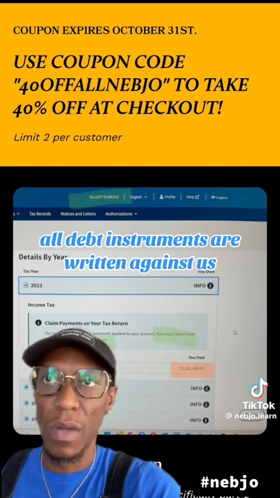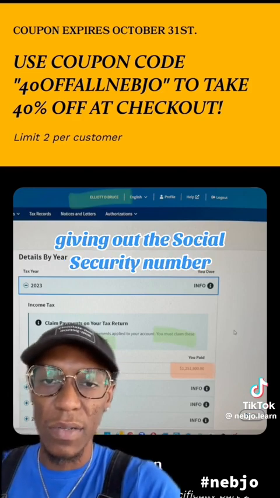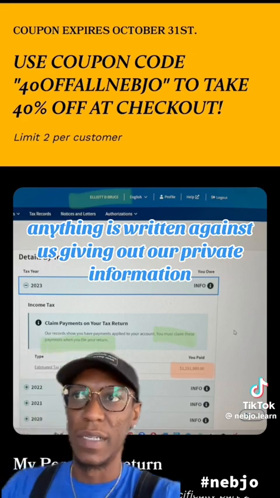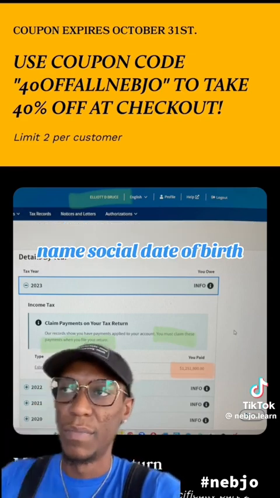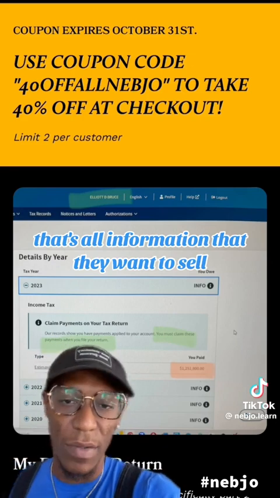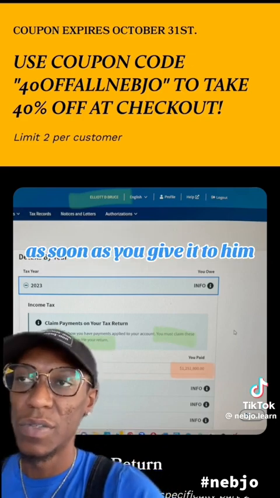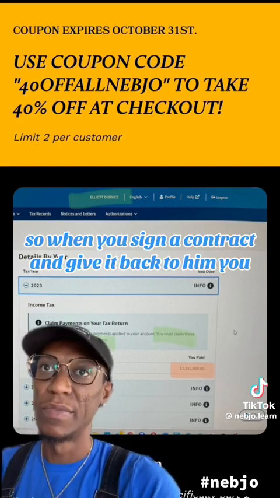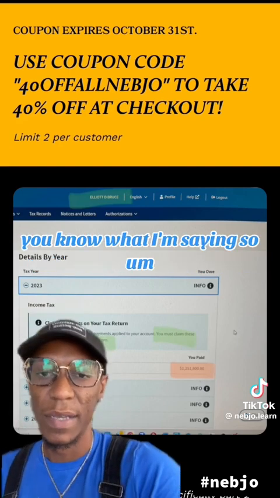All debt instruments are written against us giving out the Social Security number. Anything is written against us giving out our private information, name, social, date of birth. That's all information that they want to sell. They sell the information immediately as soon as you give it to them. So when you sign a contract and give it back to them, they sell that contract. You know what I'm saying?